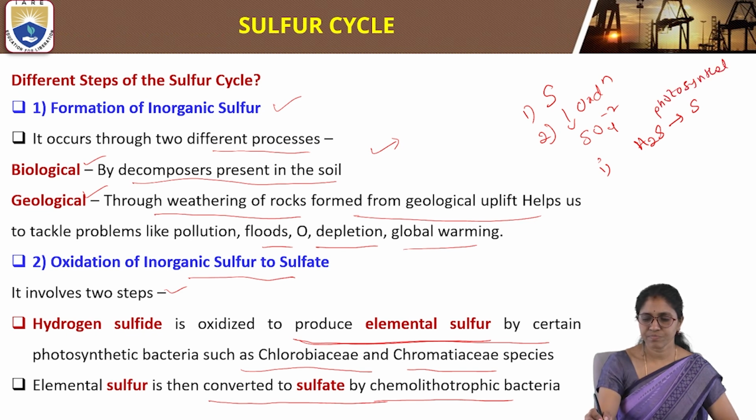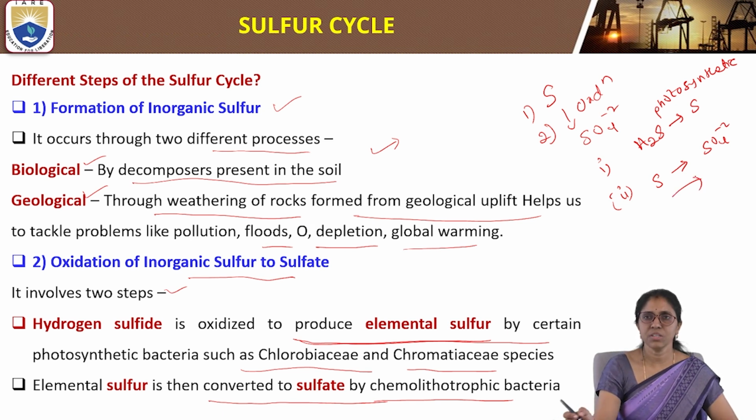Second, elemental sulfur is oxidized into sulfate ions, also using bacteria, that is, chemolithotrophic bacteria. So the oxidation of inorganic sulfur to sulfate has two steps.